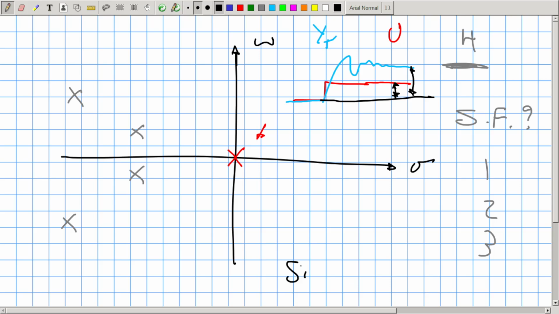And step of t, isn't it cosine of 0t for t bigger than 0? So it's the same.